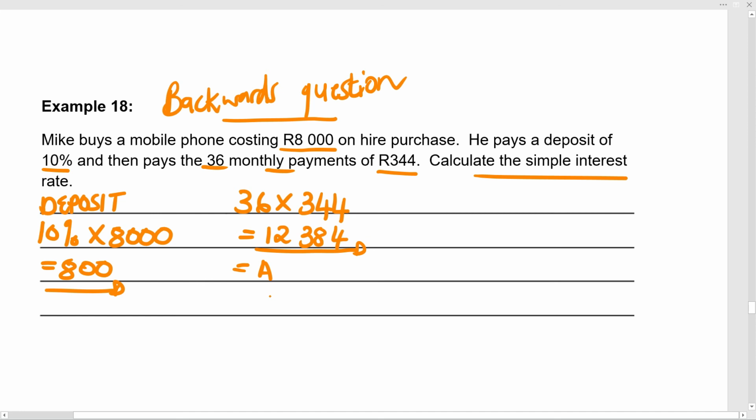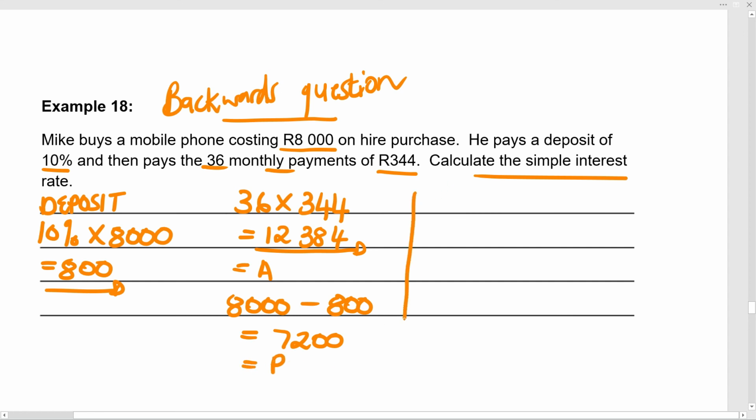Okay, so the two amounts that he paid was the 12,384, also the 800, but what we're being asked for is, what did he have as his interest rate? Okay, so what was his P amount? Can we know what that is? Well, 8,000 Rand was the cost price, but remember we've always got to subtract the deposit. So actually the P amount is the 7,200.